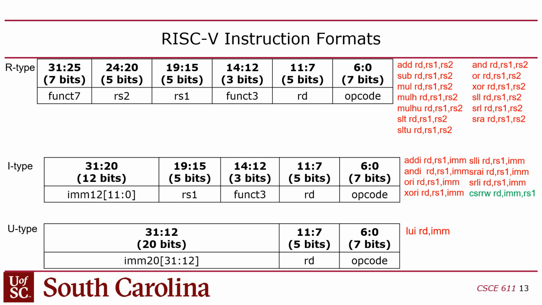Remember in MIPS it was a 16-bit immediate field? Now we just have 12 bits, which limits the range of immediates that you can put into an instruction like an addi, for instance. However, we also have the U-type, which has a 20-bit immediate.